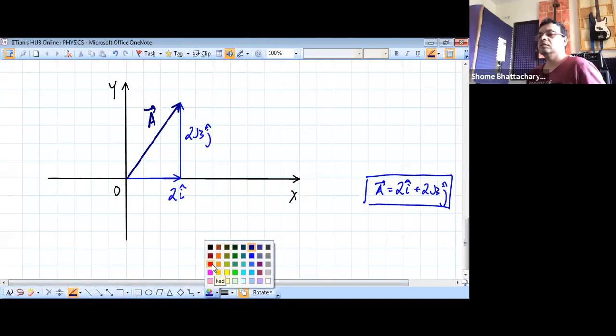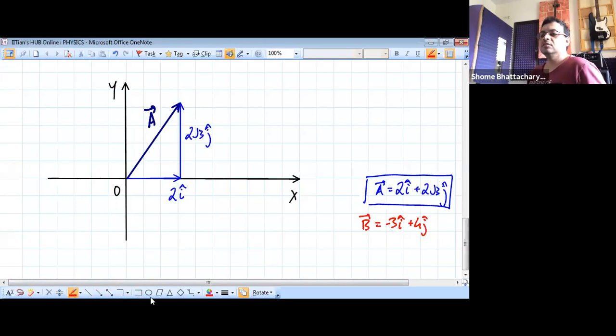Similarly, suppose the vector B was given to us as minus 3 i cap plus 4 j cap. In comparison, minus 3 i cap would be along the negative x-axis because it's minus 3 times i cap. So that would look like this.